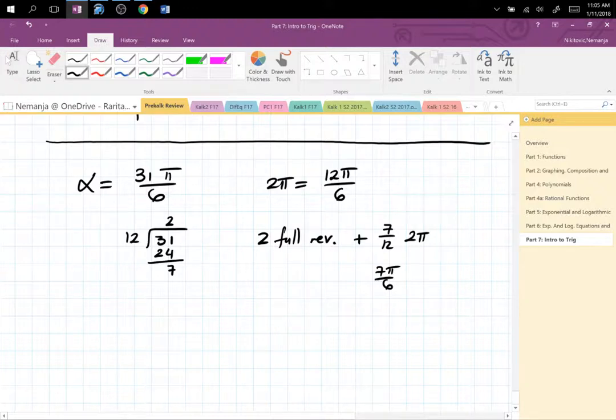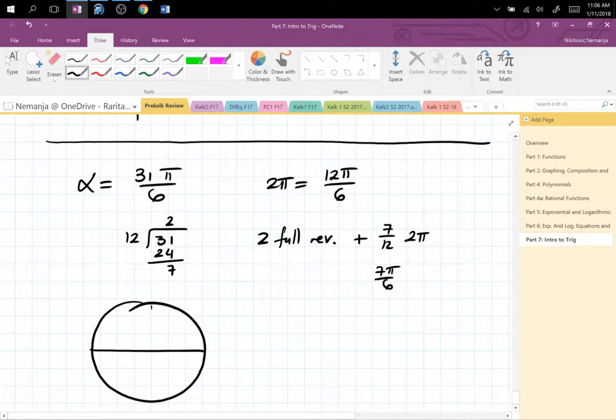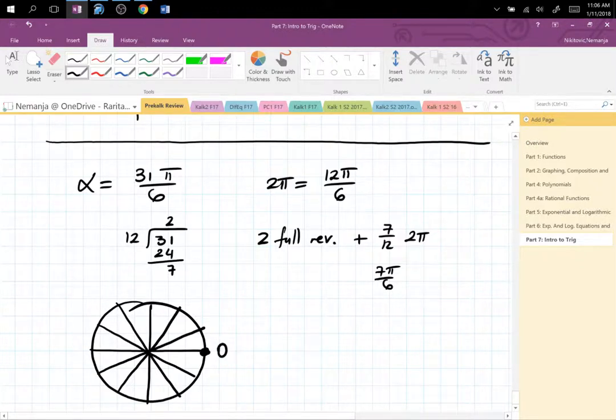Now this is something that we can draw nicely. So you have your unit circle. This is your 0 where we start our life.